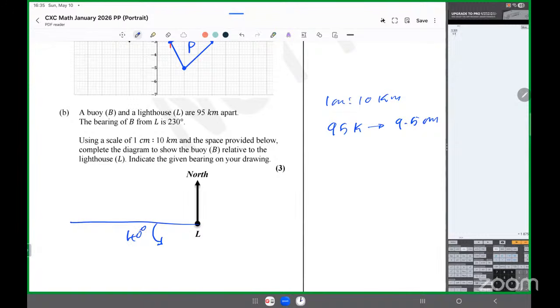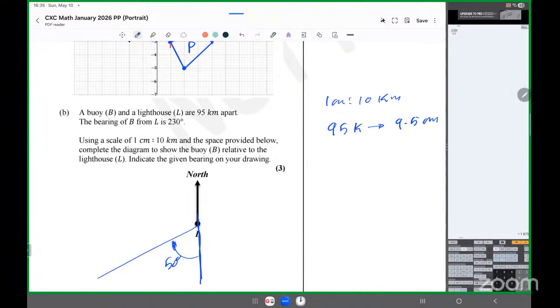To get 230, I can add it up little by little. You have 180 there, so 230 can get down here. So extend this line down and then measure about 50 degrees in it.